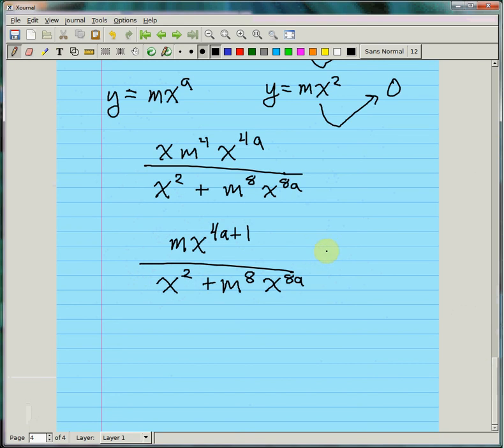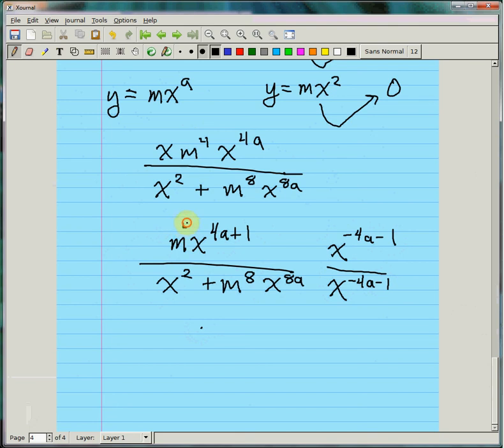Now I'm going to take out all the 4a plus 1s. So I'm going to multiply top and bottom by x to the minus 4a minus 1. The point is that it will cancel that thing in the numerator, and I'll do the same thing down here. On top you just get m to the 4th.